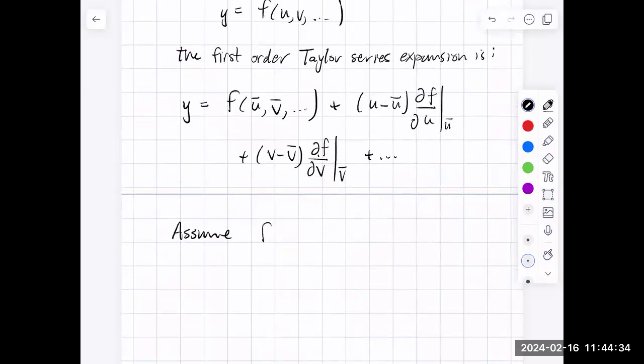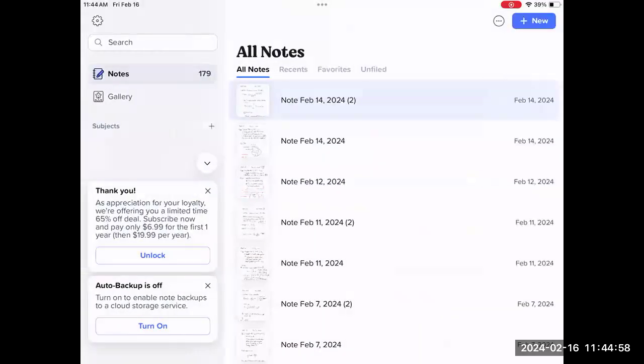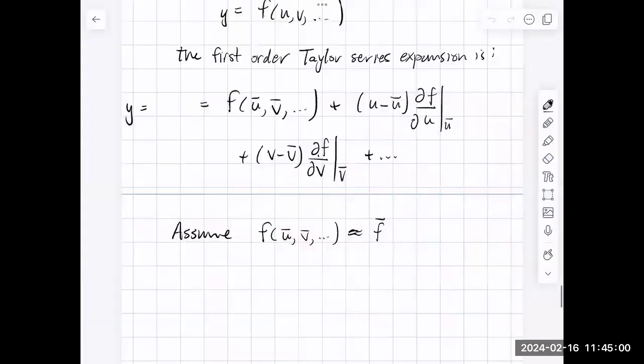We assume that f at u bar, v bar, and so on, we could write as f bar. Y would be a function of u, v, and so on.